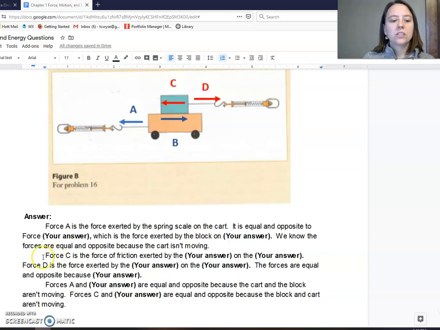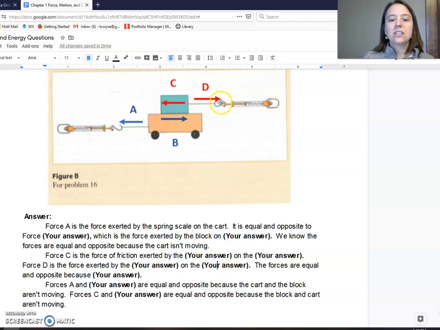Then up here, force C is the force of friction exerted by the what on the what. Force D is the force exerted by the what on the what. And so you would put your answers right here.